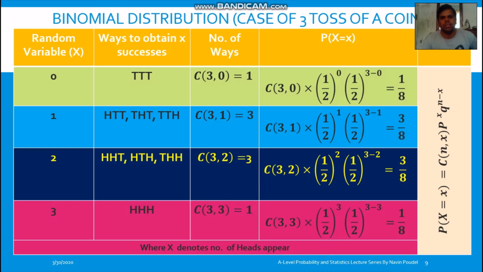This table is explaining the probabilities that we discussed in the earlier table in terms of the binomial probability distribution.